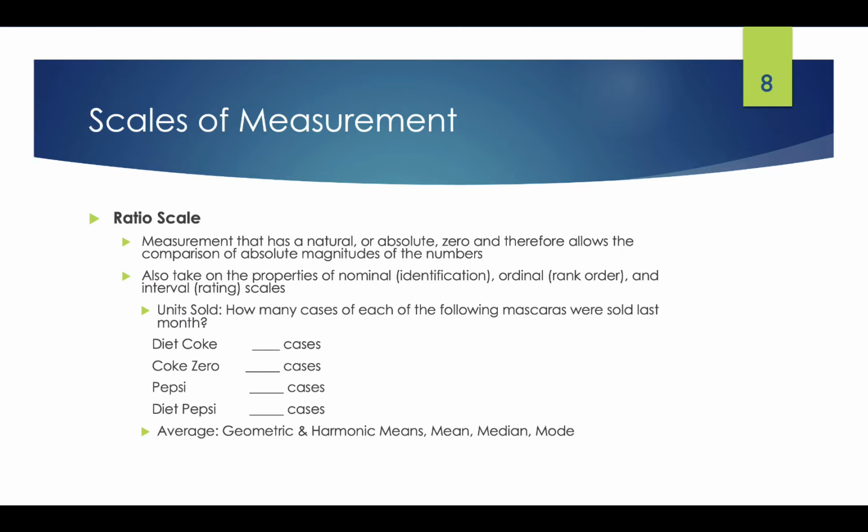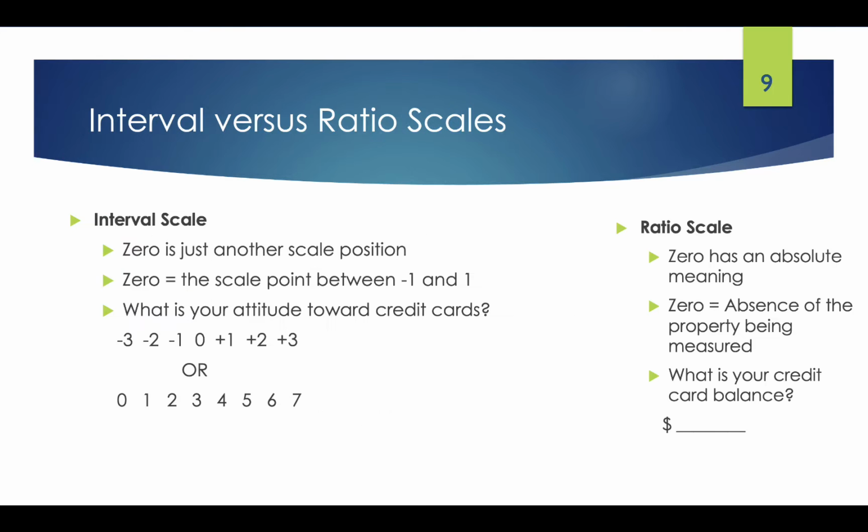So it's good for you to know the ratio. The ratio could be 1 to 10 or 2 to 10 or 3 to 10, etc., of the whole. Now the interval scale, 0 is just another position. So on a scale, you can do scales between -1 and 1.